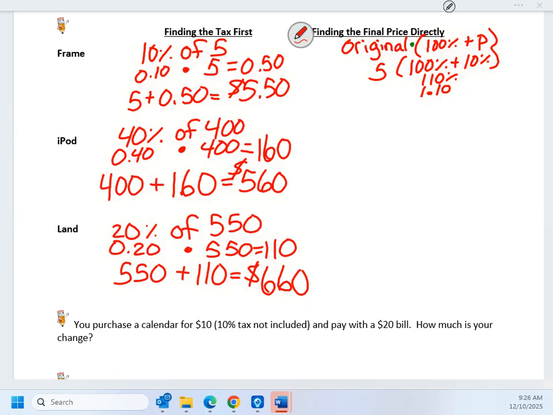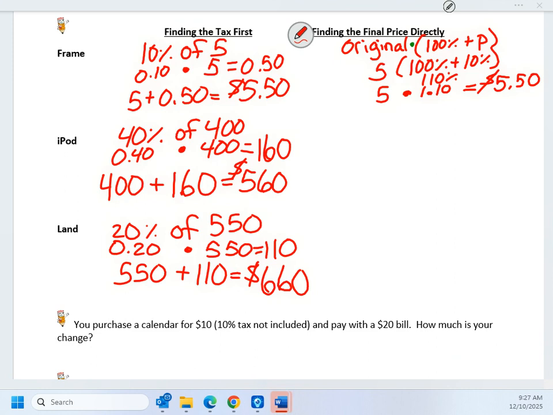So 1.10. So we want to do 5 times 1.10. What is 5 times 1.10? Presley? 5.5. 5.5, and we know we are dealing with money, so we're going to that hundredth place. So $5.50, we get the same answer.